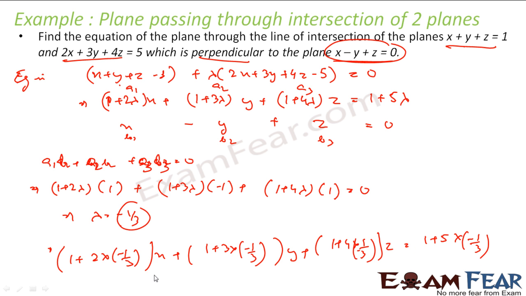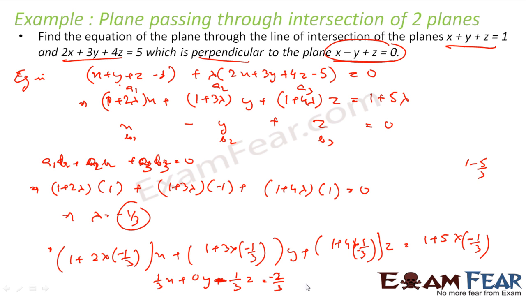Correct? So if you solve this, this becomes 1 minus 2 by 3, it is 1 by 3 x, plus y becomes 0 y, plus z is 1 minus 4 by 3, that is minus 1 by 3 z, is equal to 1 minus 5 by 3, that is minus 2 by 3.